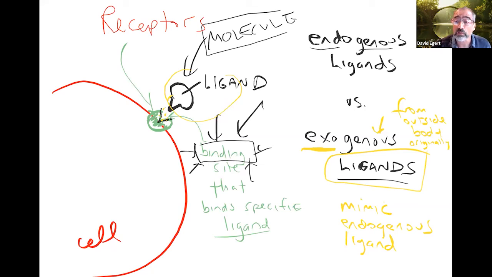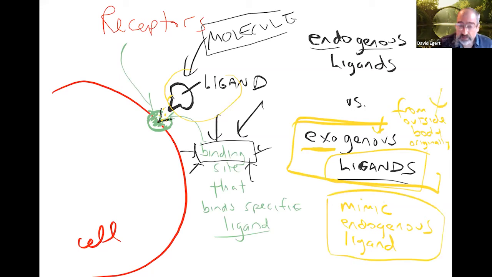Morphine or fentanyl or any of those pain meds are going to have the ability to get in and bind on your naturally occurring opioid receptors and turn on these pain mediating pathways. So exogenous ligands, they're from outside, but they're close enough to the naturally occurring or endogenous ligands that they can get in and they can bind at the receptor.